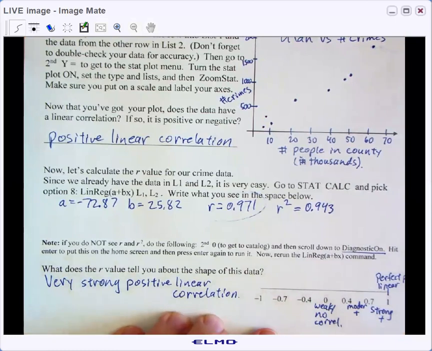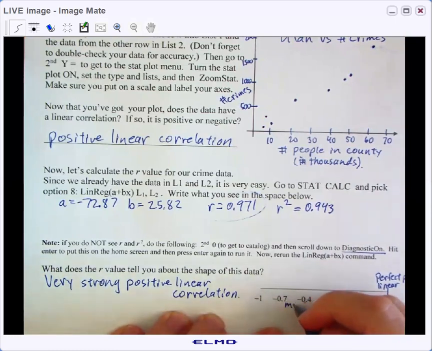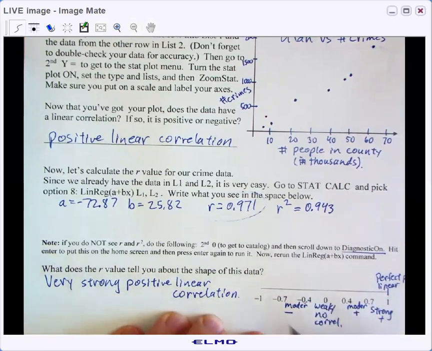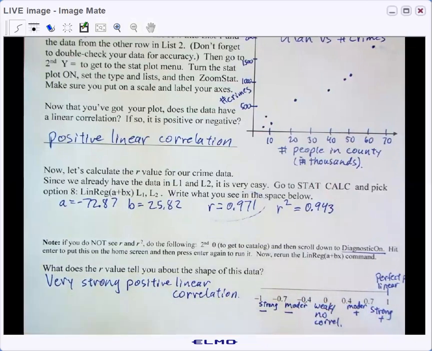Negative 0.4 to negative 0.7, that's a moderate negative linear correlation. And between -1 and -0.7 is a strong negative linear correlation. All right.